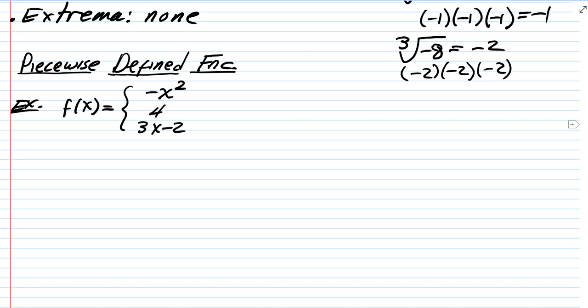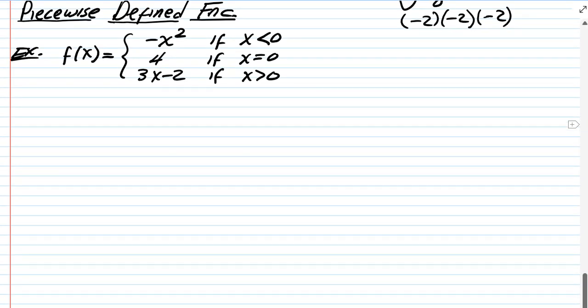Now, I have 3 functions here, but each function is only good over a certain domain, x values. And let's say the last piece is good for when x is positive. So I have 3 pieces of this function. So let's say we want to graph the function in here.